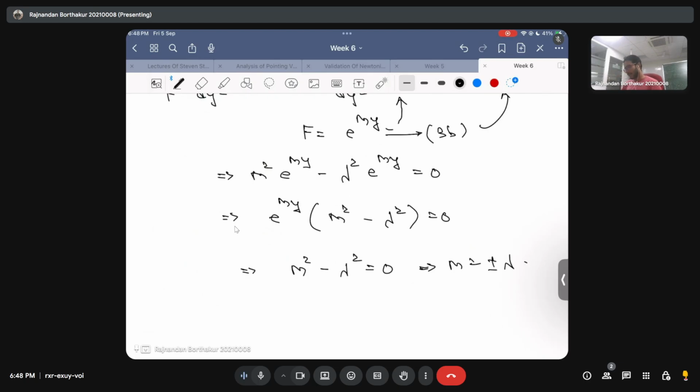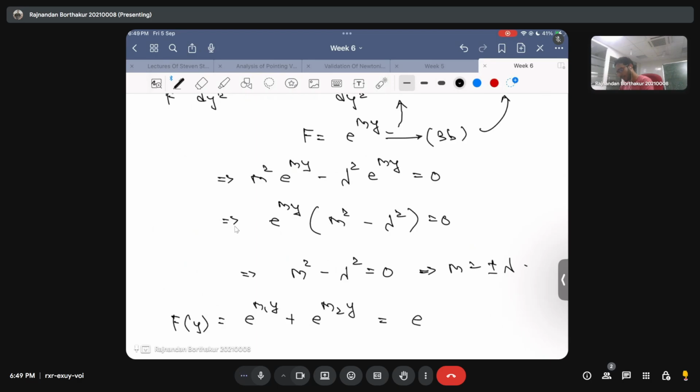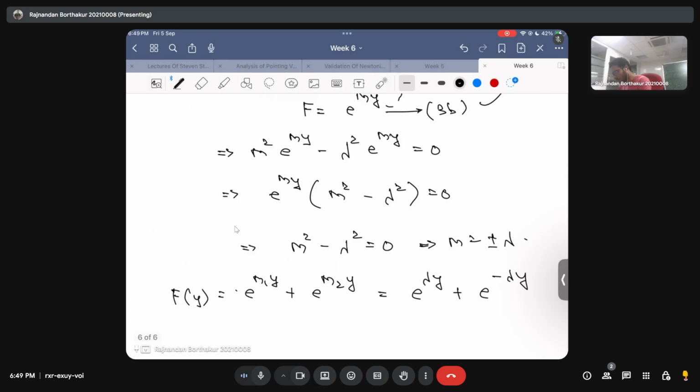Then your solution for f, which is just a function of y, will be built from e power m1y and e power m2y, because they are linearly independent of the two roots. So it will be e power lambda y and e power minus lambda y, but there will be a constant, because these two solutions are linearly independent of each other.